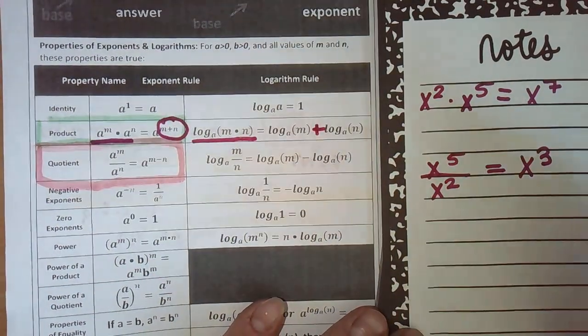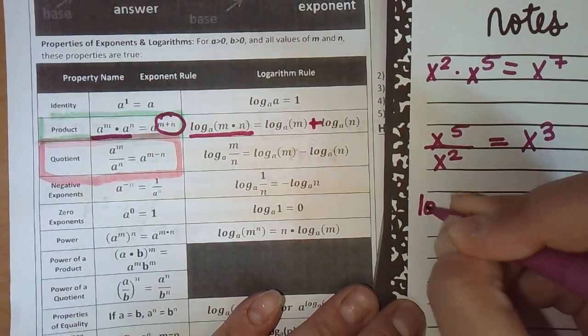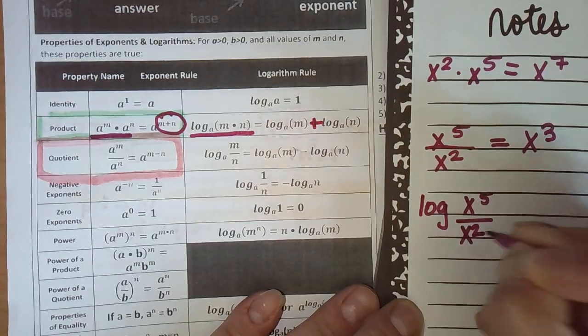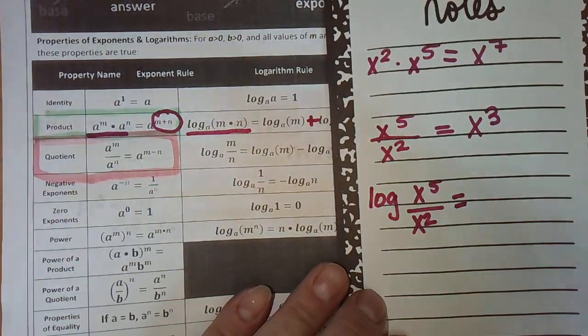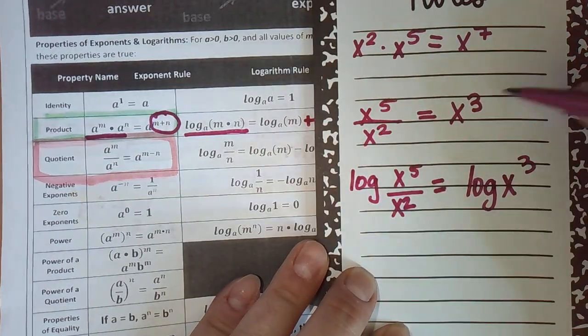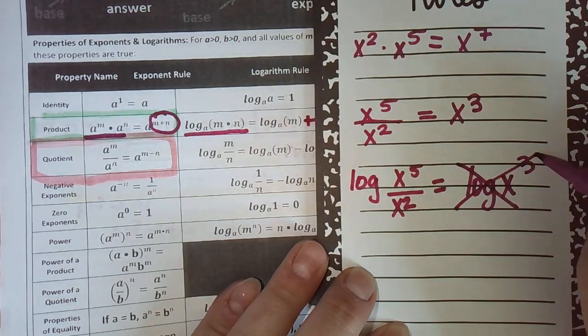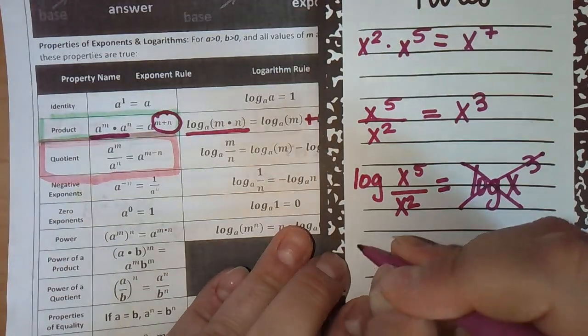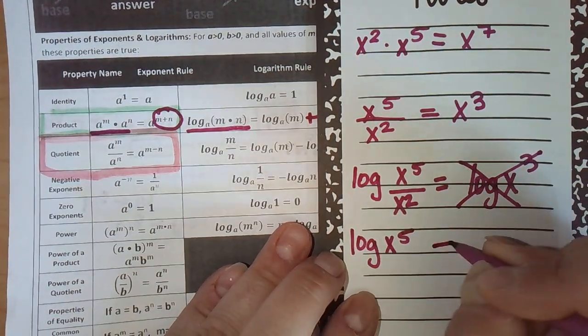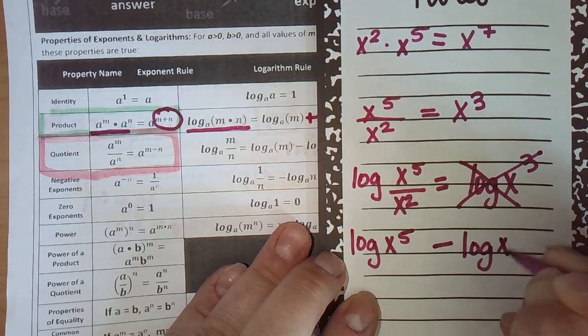So if I would have log of x to the 5 over x to the 2, it does not become log x to the 3 like exponents do. Instead, it separates into 2 logs: log x to the 5 minus log x to the 2.